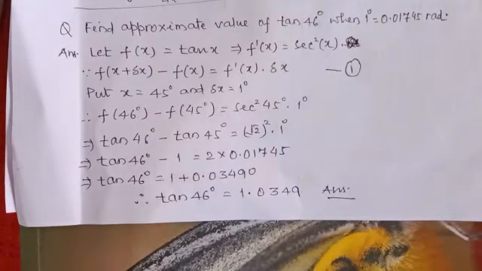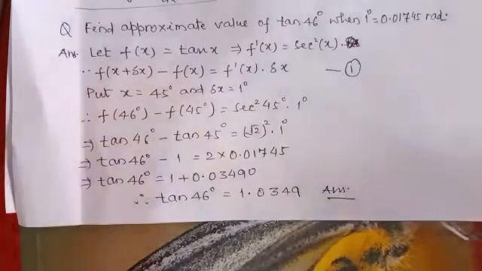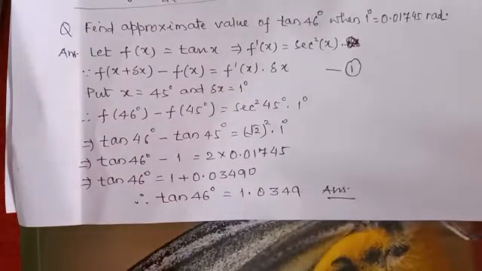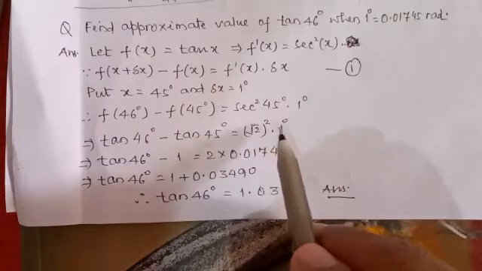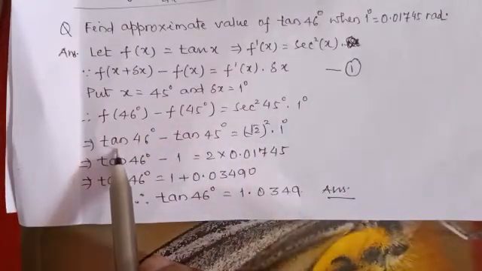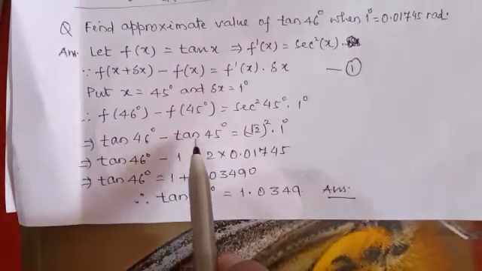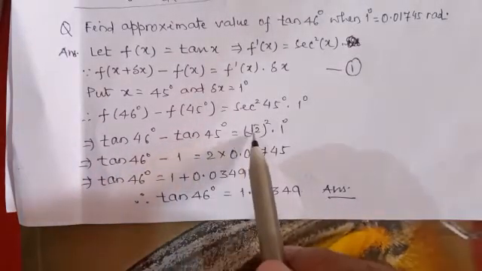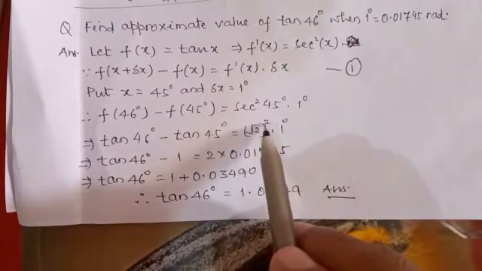See, sec square 45 degree: cos 45 degree is 1 by root 2. Its reciprocal, sec 45 degree, is root 2, and its square means root 2 square into 1 degree. So f(46 degree), meaning tan 46 degree minus tan 45 degree, is equal to root 2 square into 1 degree. Root 2 square is 2.